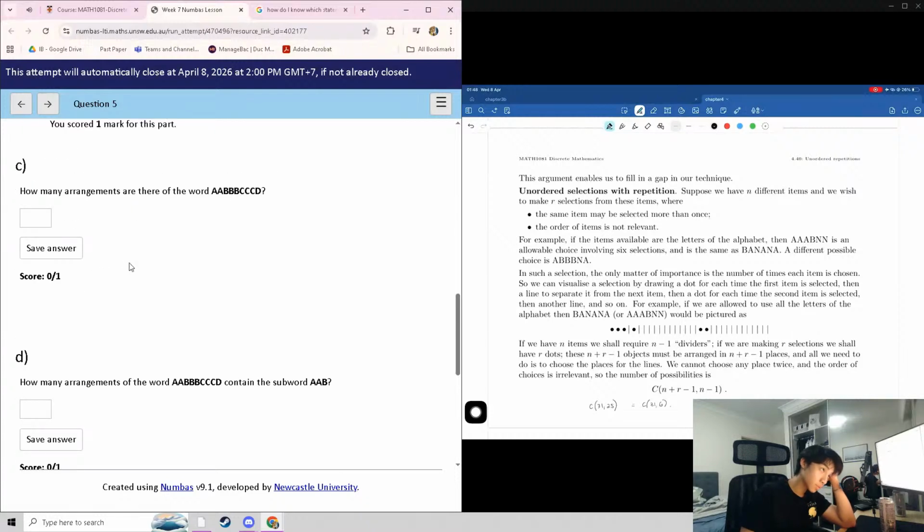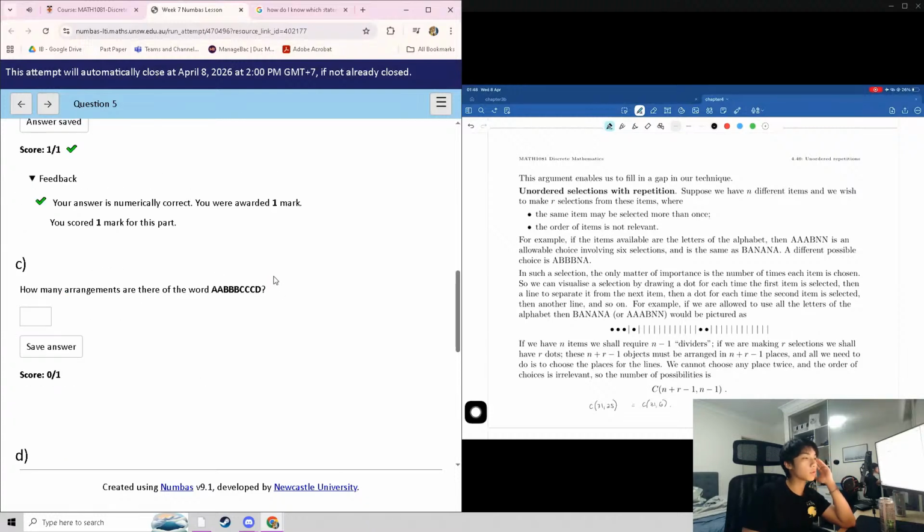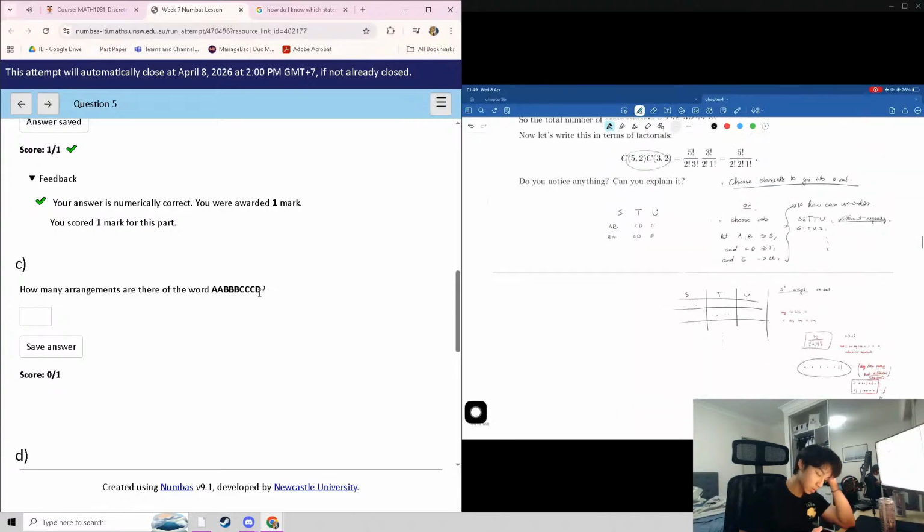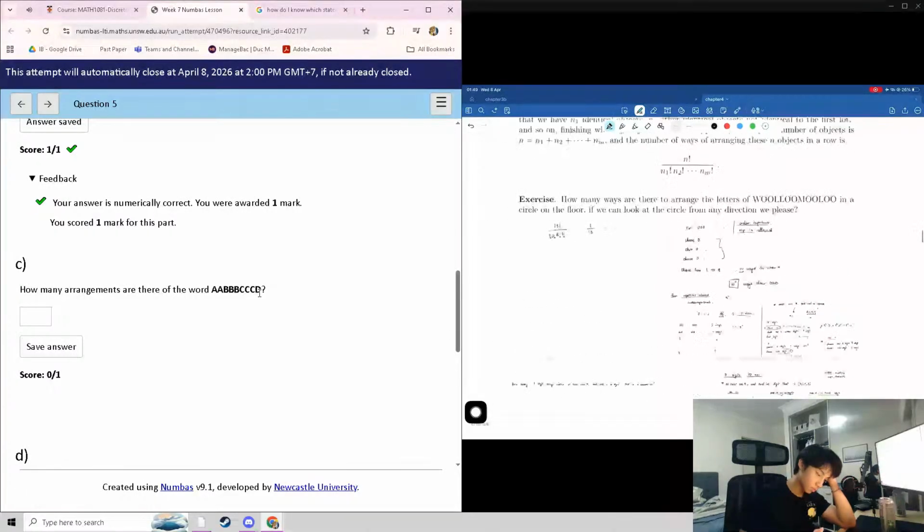How many arrangements are there of the word A A B B B C C C D D? Sorry, D. 1, 2, 3, 4, 5, 6, 7, 8, 9. And because there are repeats, this is the Wallamalu method. Pretty sure.